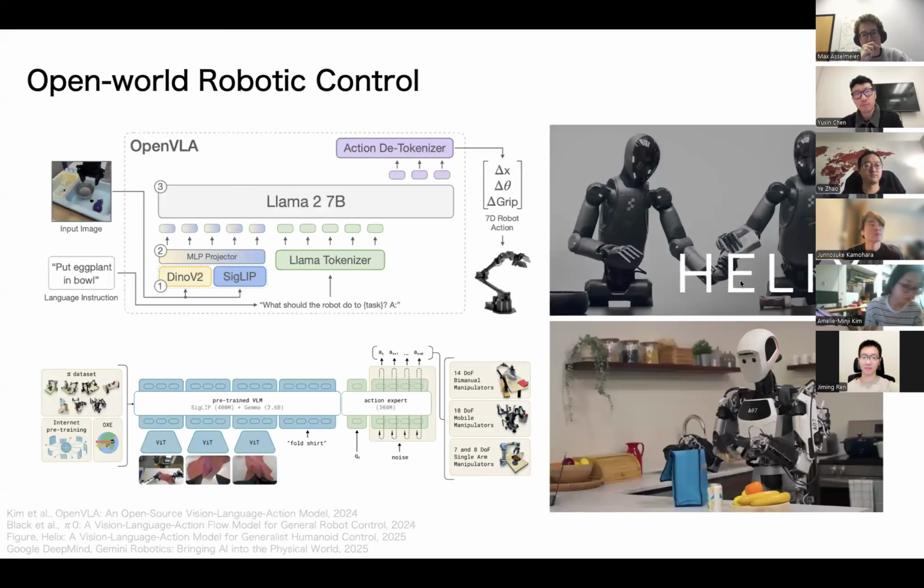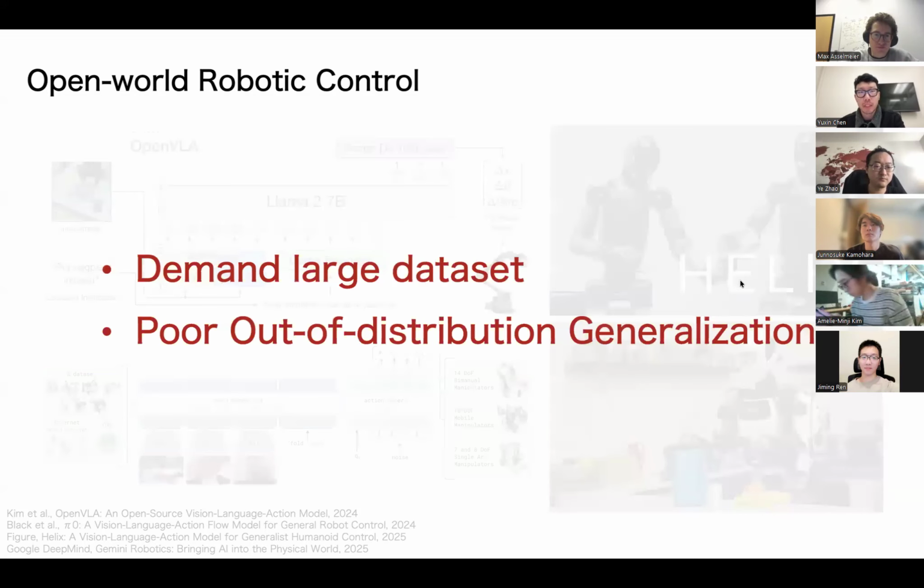Nowadays, when people talk about open world robotic control, they usually mean the VLA models, the big foundation models. Almost all the startup companies nowadays have their own VLA models, but they have certain limitations. First, they require a large data set, and that data set is also highly labeled. It's very expensive to get those high quality data.